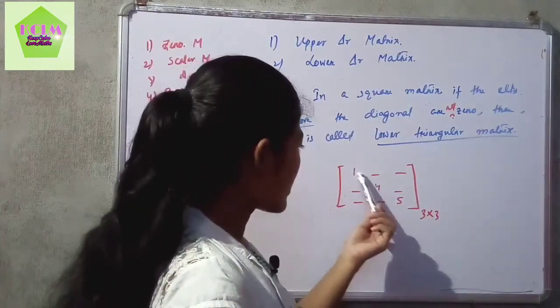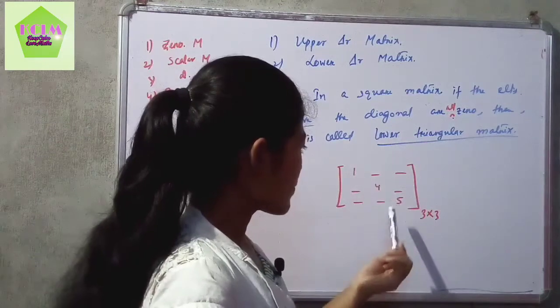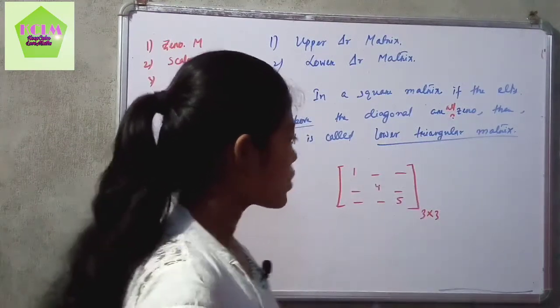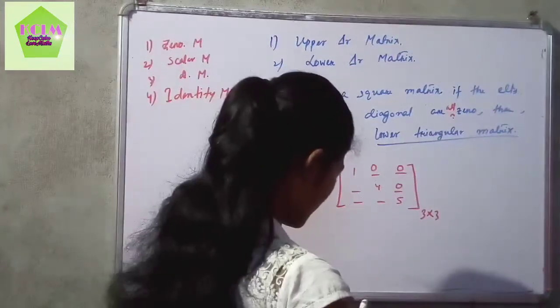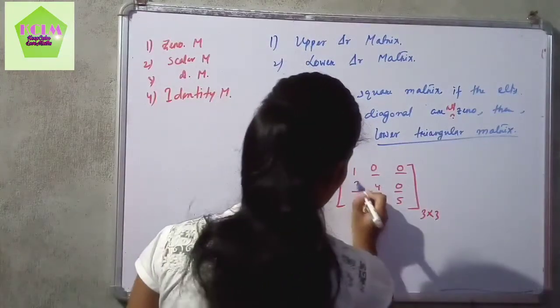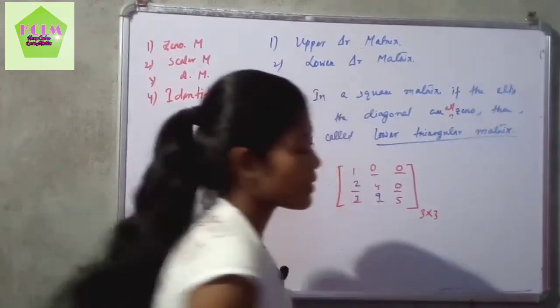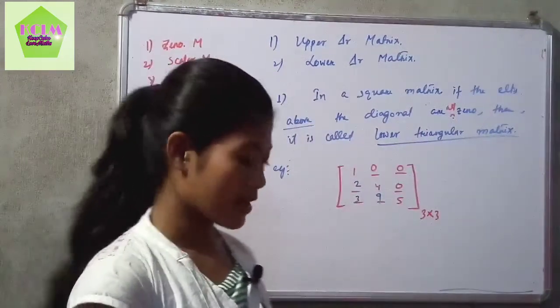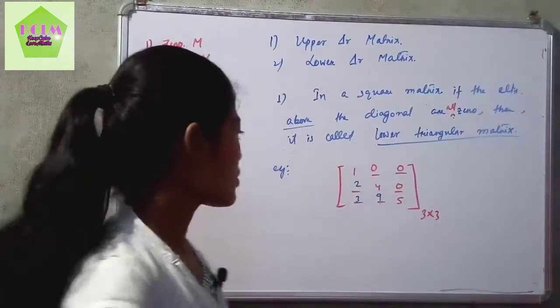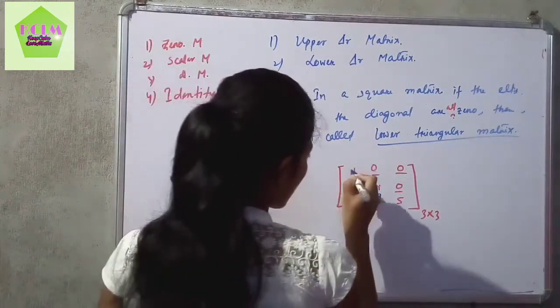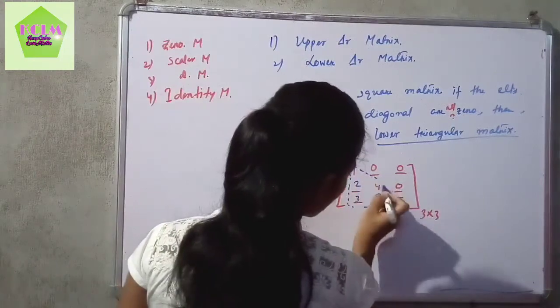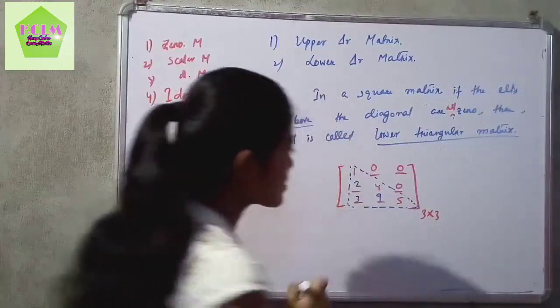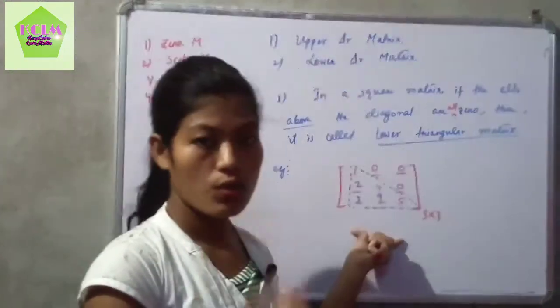So here the diagonal elements are 1, 4 and 5. If the elements above this are all 0, then this matrix is called lower triangular matrix. It is because here you can see the lower side of these elements of the matrix forms a triangle. So this is called lower triangular matrix.